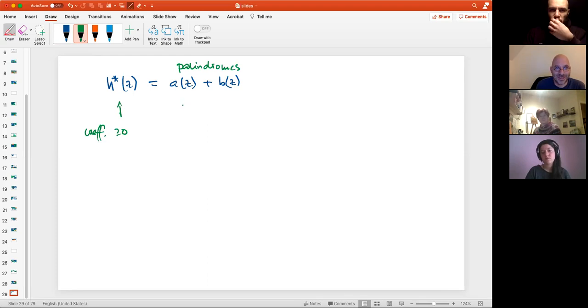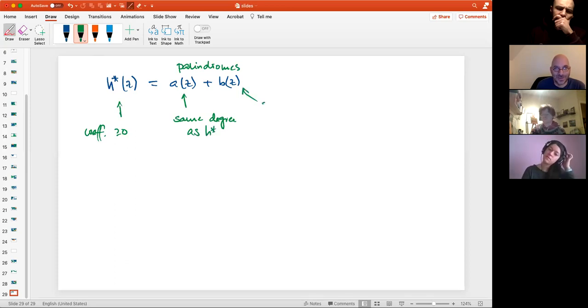You want this to have the same degree as H, your polynomial on the left, and you want this to have a smaller degree. I claim this decomposition, the way I've written it down, is unique, and that's the one that you give to your calculus students.